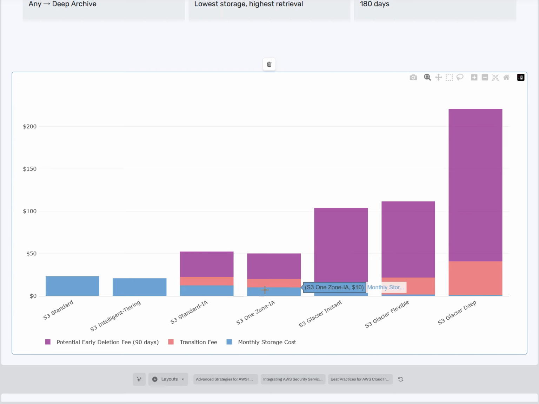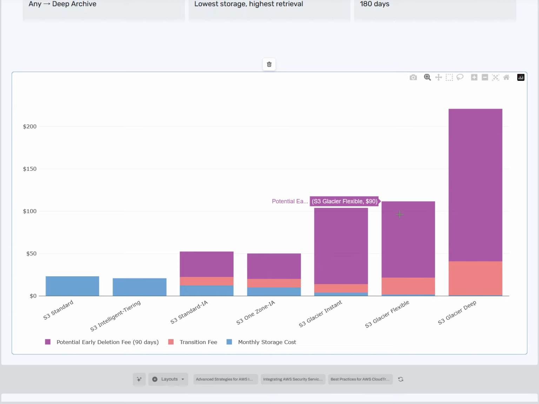So One Zone is going to charge $10, transition fee is $10, and then potential early deletion is $30 if you need it, right? So this one only charges $4, same data, $10 transitioning. Early deletion is $90. It's going to be very expensive. So this one only charges $2.